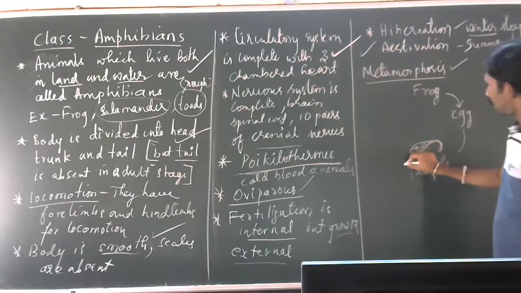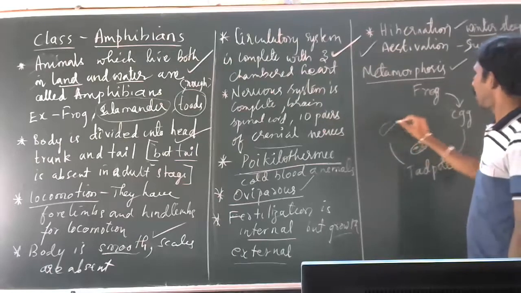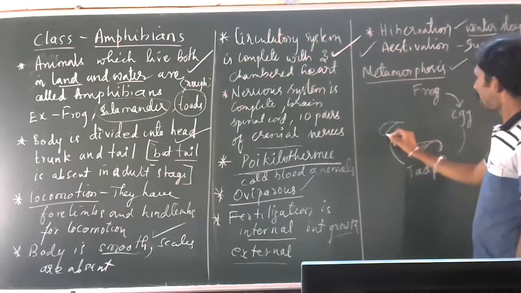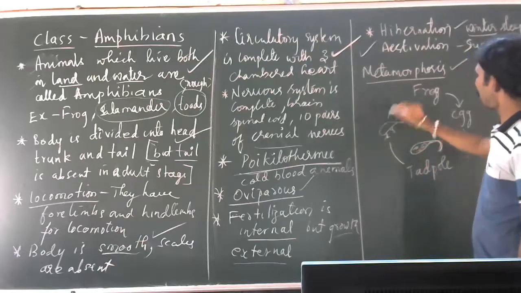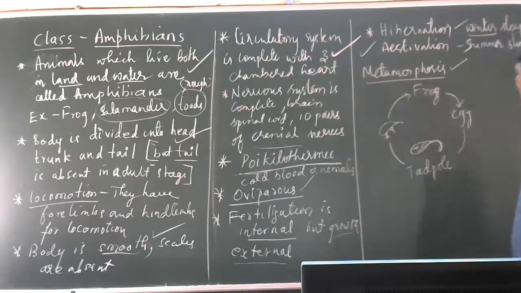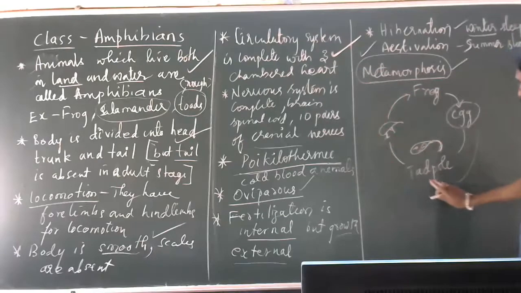Understood? Then slowly they lose the tail and the forelimbs and hind limbs appear. Then they convert into a frog again. This is called metamorphosis: the transformation of egg into tadpole into frog.